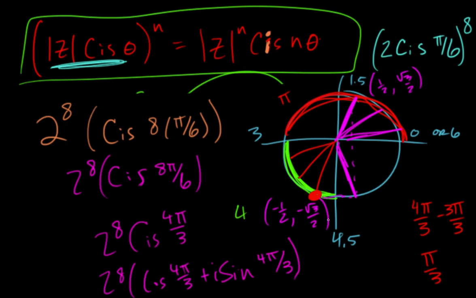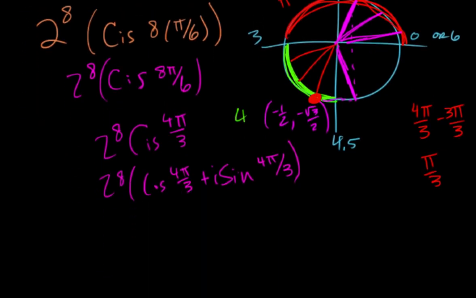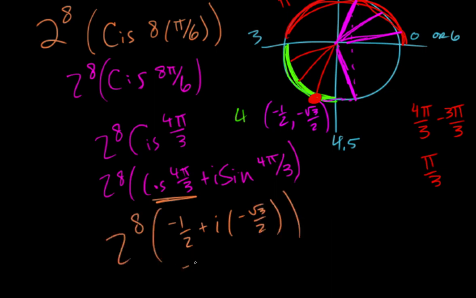Okay. Alright, now we're going to replace this with negative 1/2, and then replace this with negative square root of 3/2. 2 to the 8, so we have negative 1/2 minus square root of 3/2 i, and that's 2 to the 8, not 28.